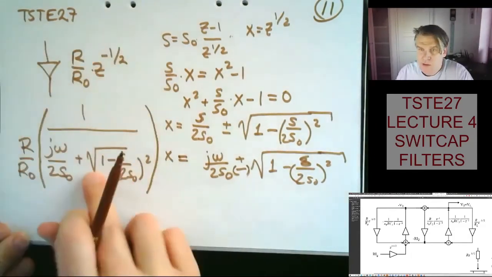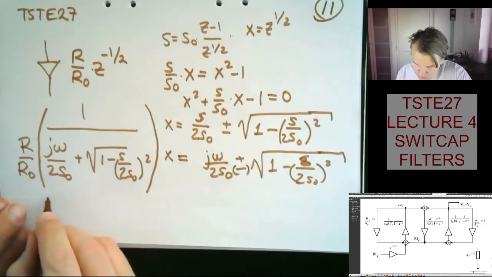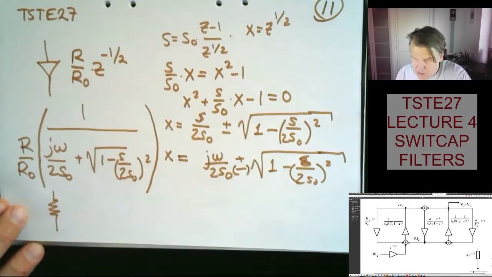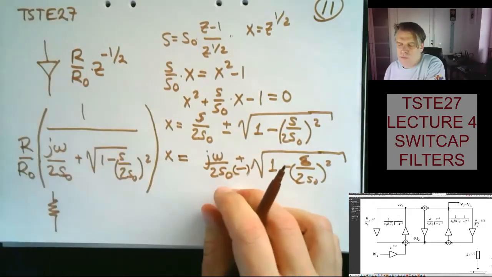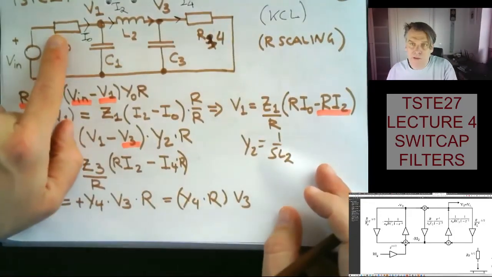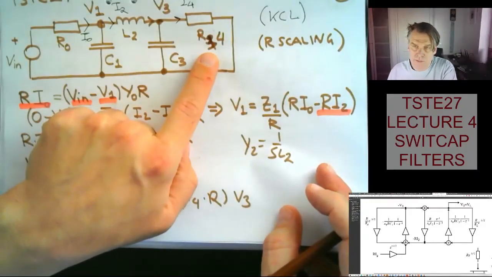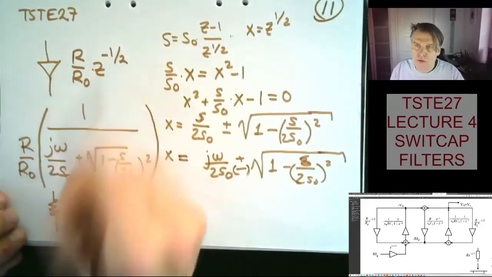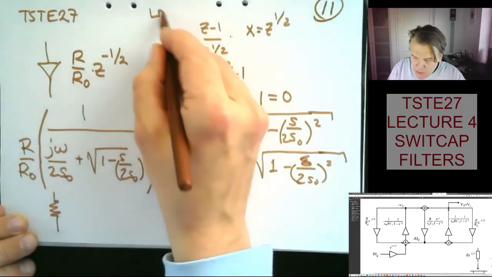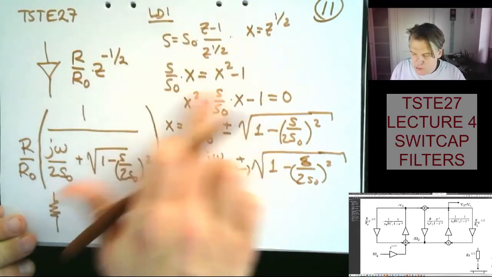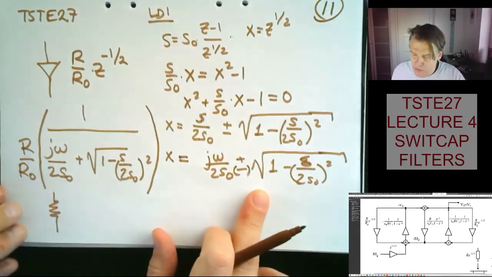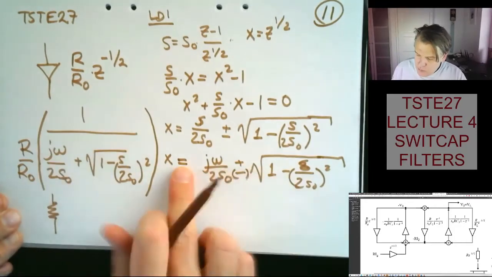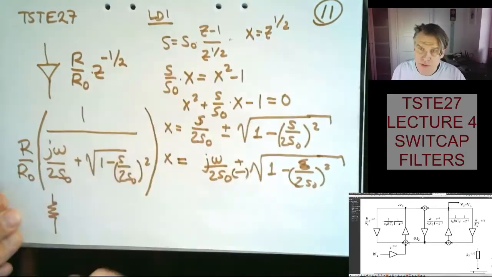So essentially what this is saying is that the original resistor I had on the edges, if you remember from the filter here, I have R0 and R4 on the sides. And then I pushed the Z half through the system. I can bring the Z half from the LDI transform. I can solve a second order equation to find what Z to the minus half is.